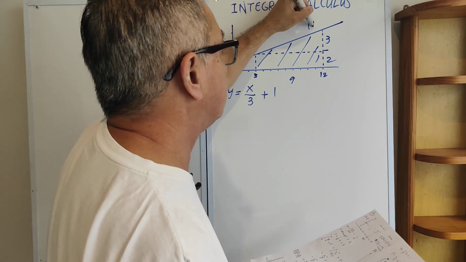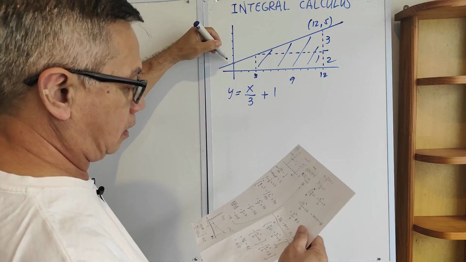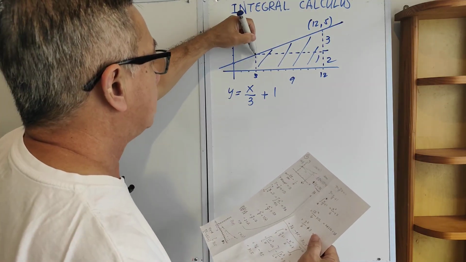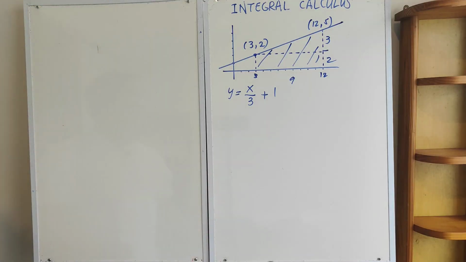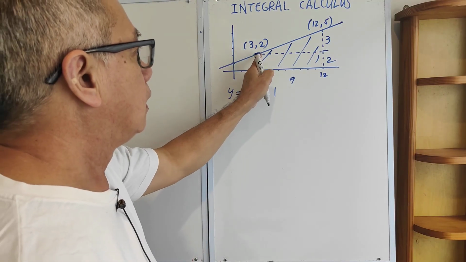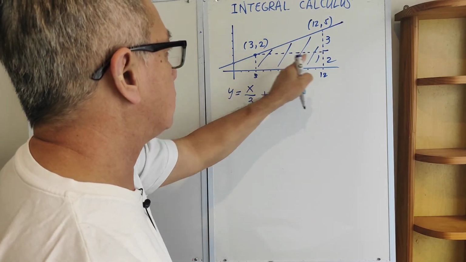Let's put a point to make it easier: 12 and 5, and this point is 3, 2. So the area of the triangle will be 3 times 9.